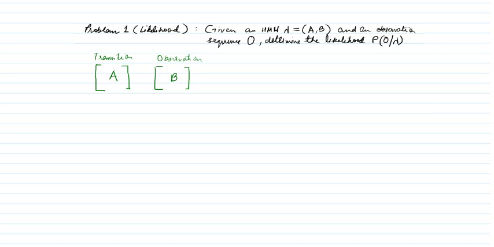Let's take a particular example from the book by Jurafsky and Martin. They have taken the example of the weather, hot and cold. Hot and cold are states, but how do we measure the states? We are not able to measure the states. That's why we have observations.